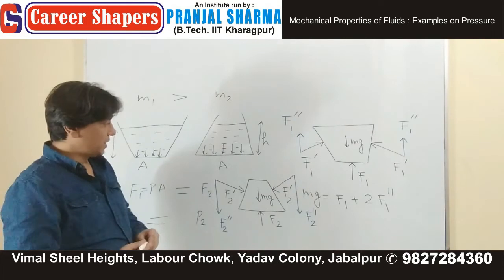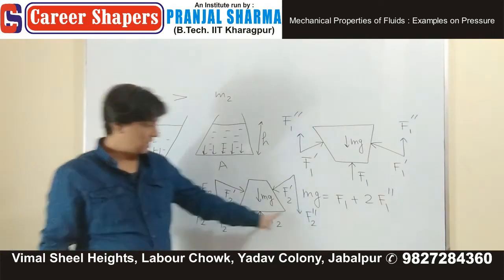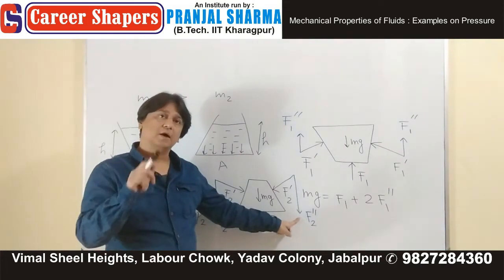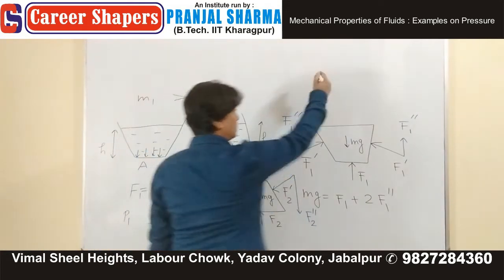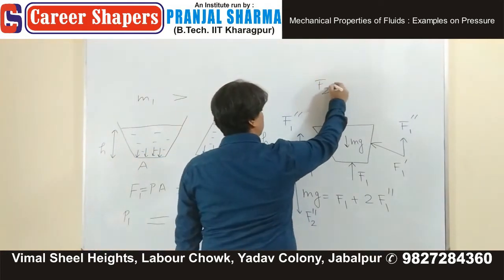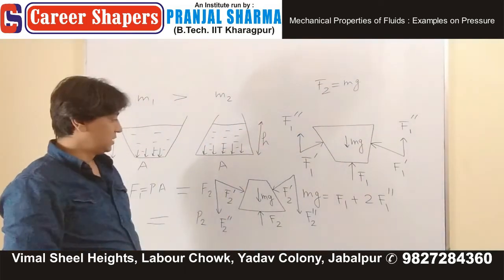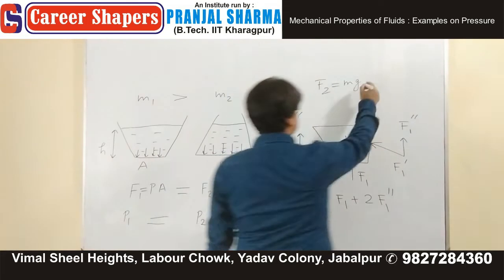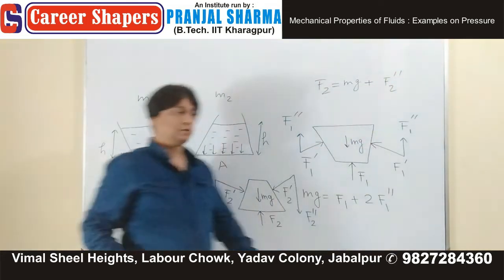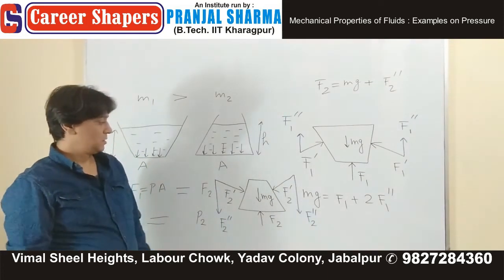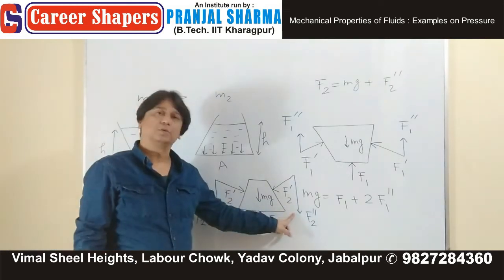Now, for this liquid, you can see that Mg, this and this, are balanced by the force F2. So F2 is balancing Mg, which is the weight of the liquid, plus F2 double dash. F2 has to balance Mg and these two components.